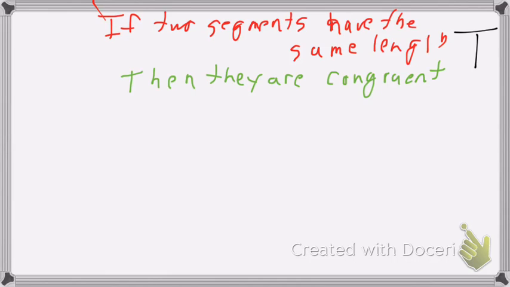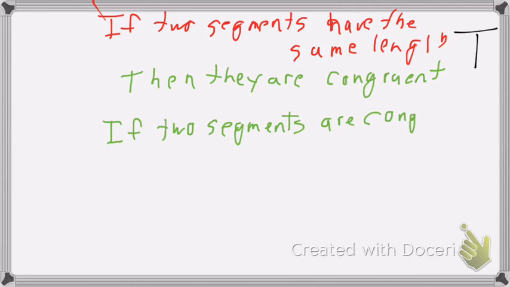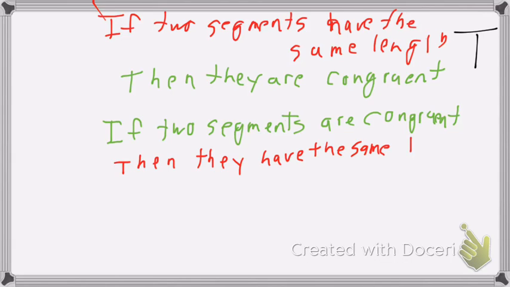Okay, so we go, if two segments are congruent, then they have the same lengths.